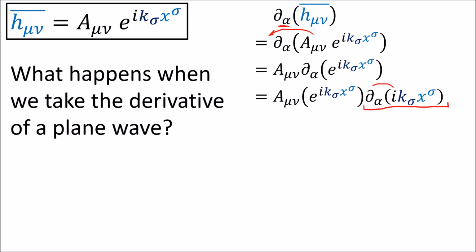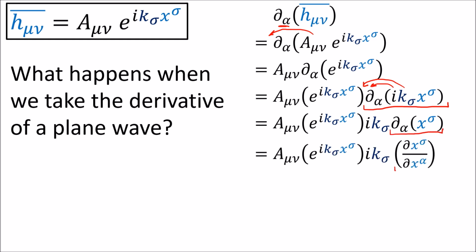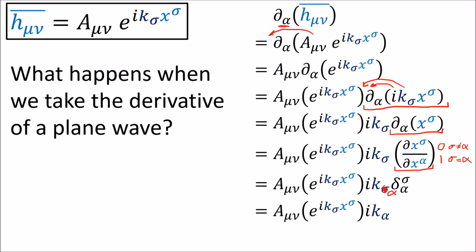The complex i is constant, and the wave covector k for a plane wave is constant, so we just get partial x sigma by partial x alpha. This goes to 0 unless sigma and alpha are the same index, so we get a Kronecker delta, which turns this sigma index into an alpha. So taking the derivative of a plane wave just gives us the original plane wave times the complex i times the wave covector component in the direction of the derivative.